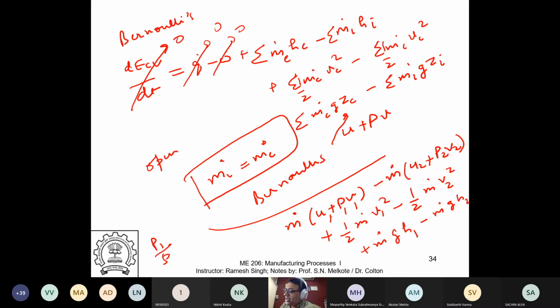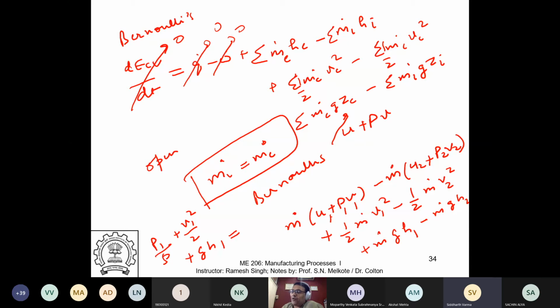So you get P1 by rho plus V1 squared by 2 plus g z1 is equal to P2 by rho plus V2 squared by 2 plus g z2. So your Bernoulli's equation comes from the energy balance. That's all there is to it.